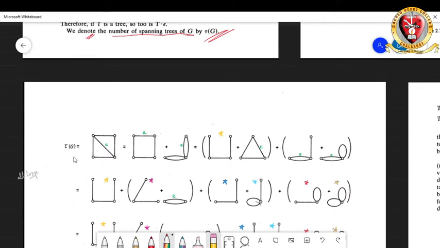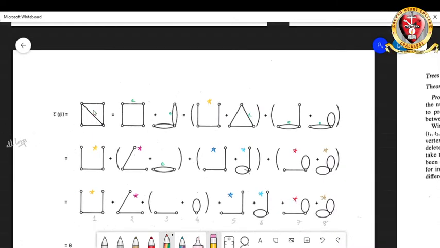For that, what you first do is suppose this is our edge E. So first you remove the edge, so form the graph there, plus you join the end vertices, right? So now you are having two graphs.